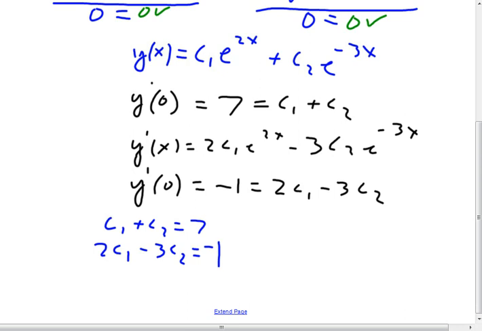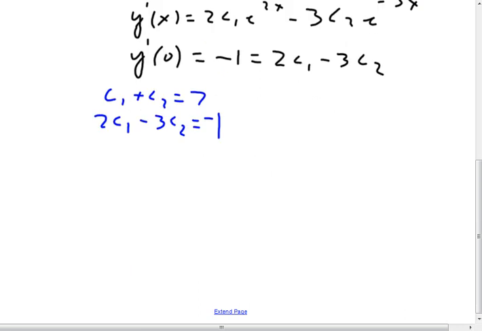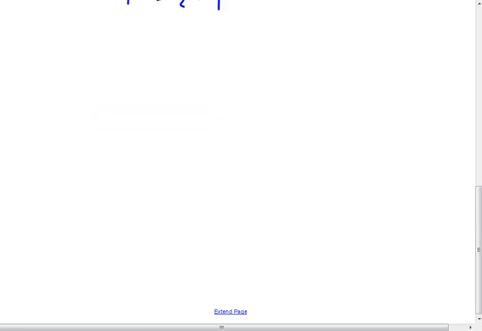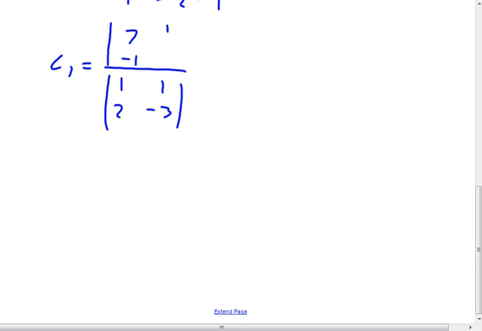And then I'm going to use Cramer's rule and say c1 is equal to, on the bottom I got 1, 1, 2, minus 3. On the top I have 7, minus 1, 1, minus 3. On the bottom, minus 3 minus 2 is minus 5. On the top, minus 21 plus 1 is minus 20.